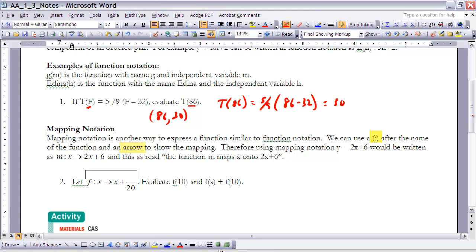Therefore, mapping notation for y equals 2x plus 6 can be written as m colon, where m is the name of the function, m colon x is paired with 2x plus 6. Generally we read that as: the function m maps x onto 2x plus 6. That's what we call mapping notation.